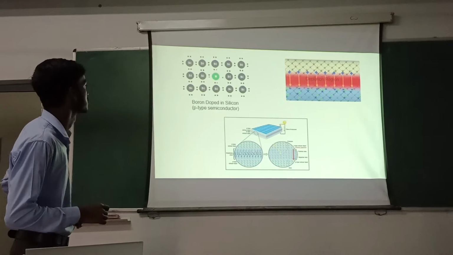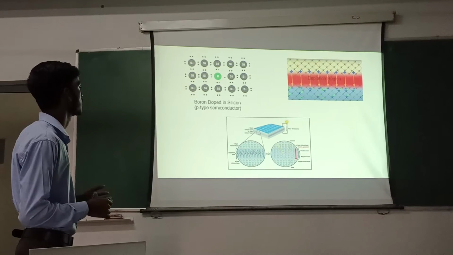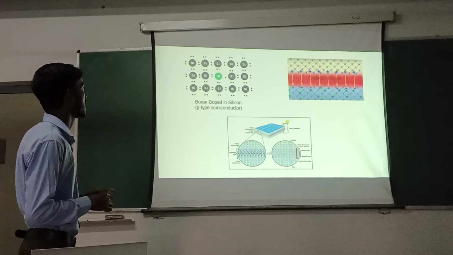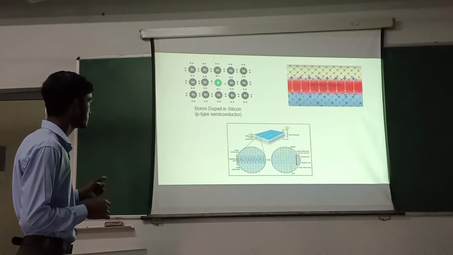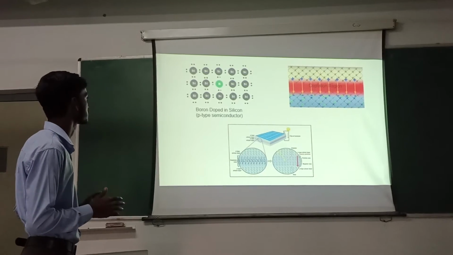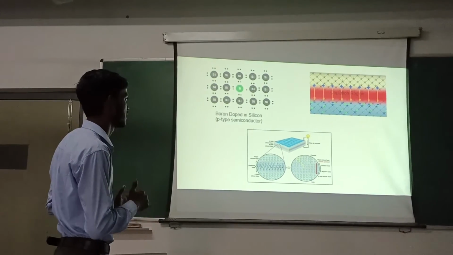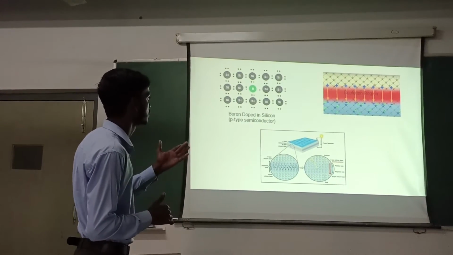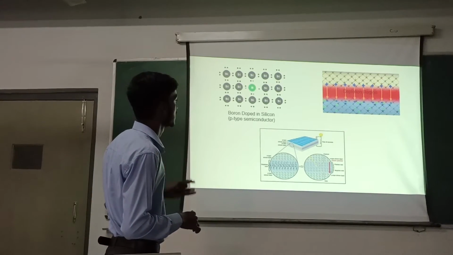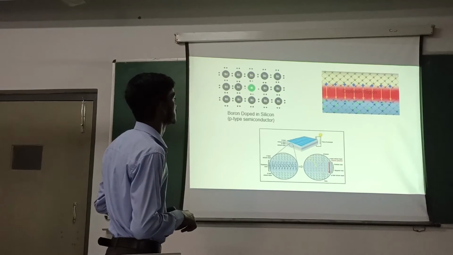Make a p-n junction. As the n-type is made, if we dope the pure silicon with a group 3 element like boron, then there will be holes present in the boron-silicon structure. If we merge the p-type semiconductor and n-type semiconductor, a depletion region will be formed. In the n-type there are electrons, and in the p-type region there are holes.